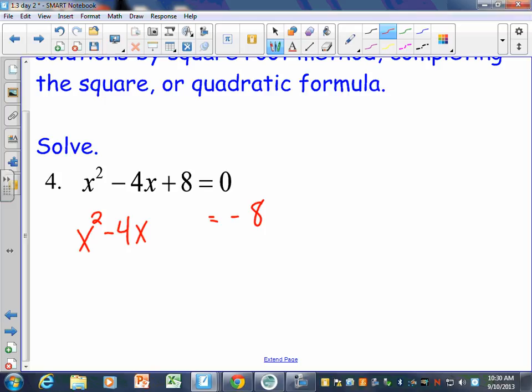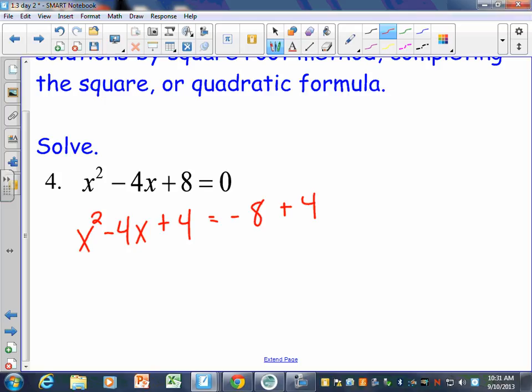And then what's the big thing that we do to complete the square? Half of b and square it, or half of the middle number and square it. So half of -4 is -2, and -2 squared is 4. Agree with that? But if we add it over here, we also have to add it over there.